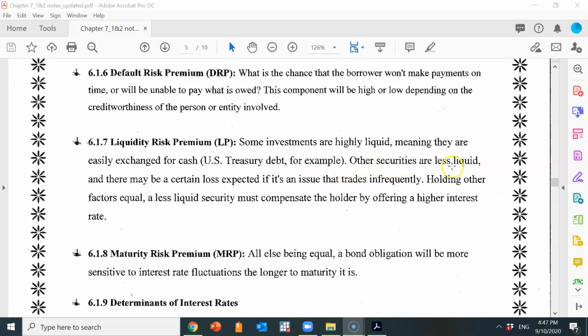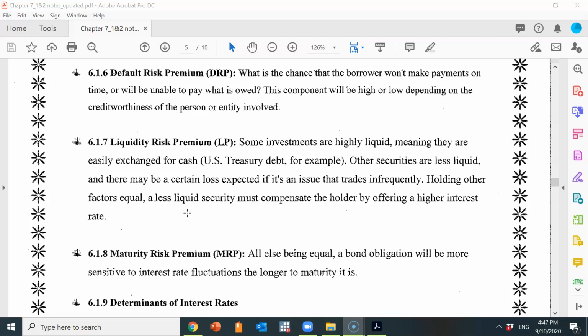Other securities are less liquid, and there may be a certain loss expected if it's an issue that trades infrequently. Holding other factors equal, a less liquid security must compensate the holder by offering a higher interest rate. Question here: what is the most liquid asset?